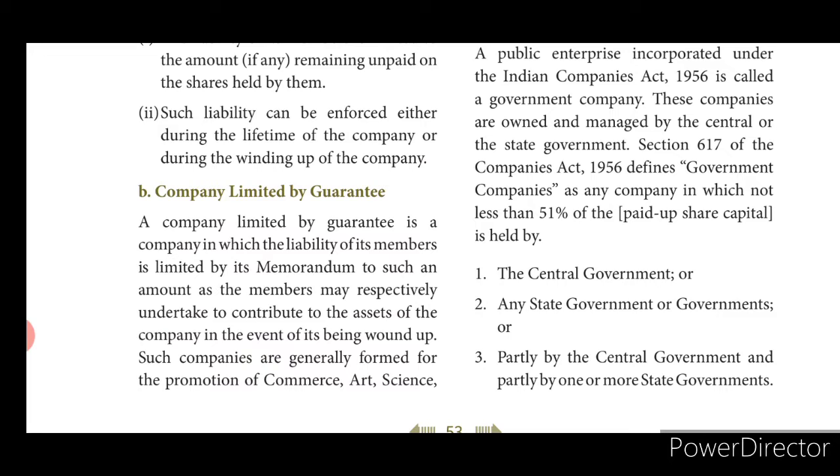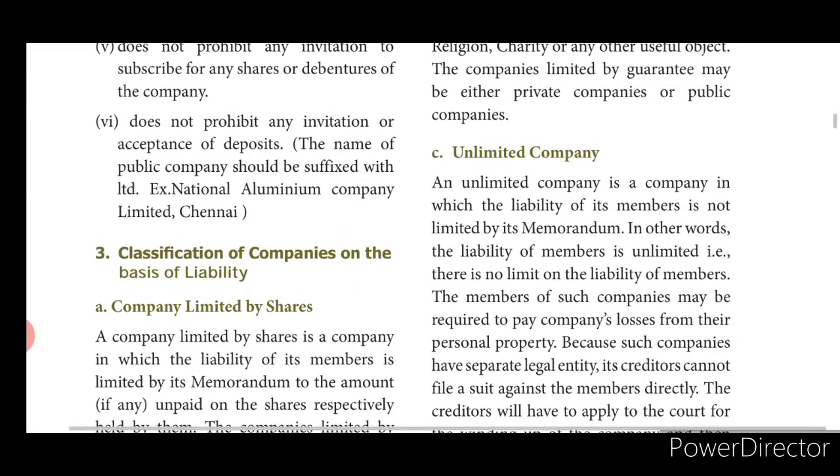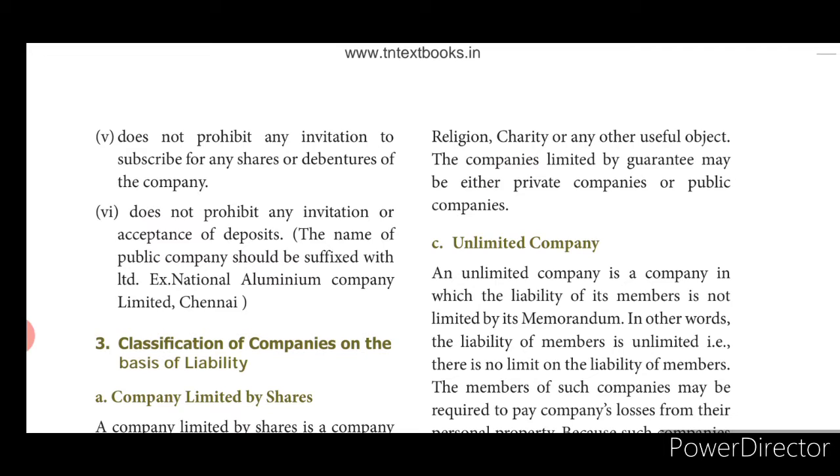What happens is they guarantee that only if the company is going to face any kind of loss or downfall, where they are just going to go for a winding up, at that time only will they contribute the money to the creditors. Such companies are generally formed for commerce, art, science, for welfare issues. They are doing it for the welfare of the economy. The company limited by guarantee may be either a private company or a public company. It can be either private, or it can even be public.